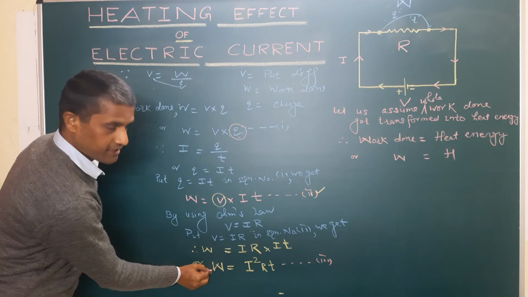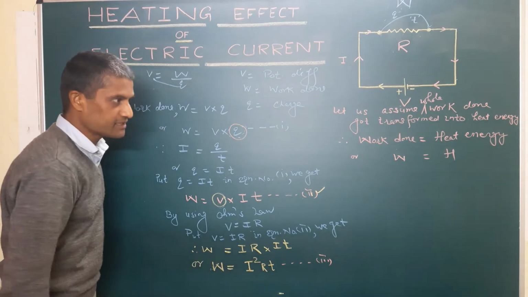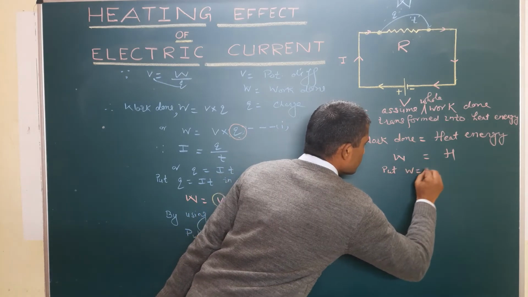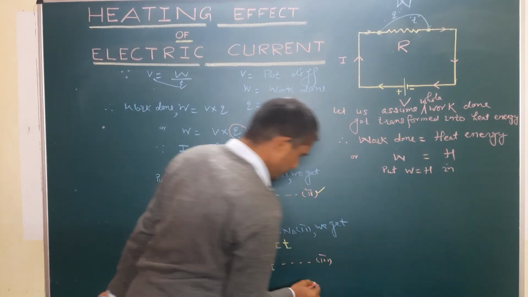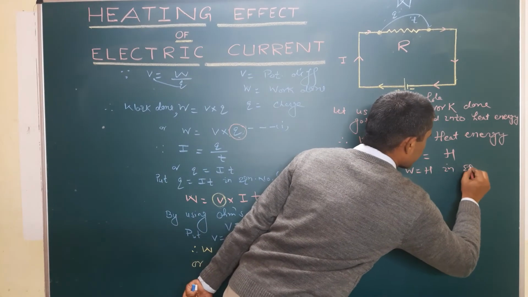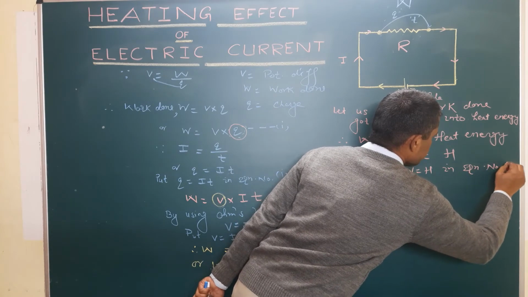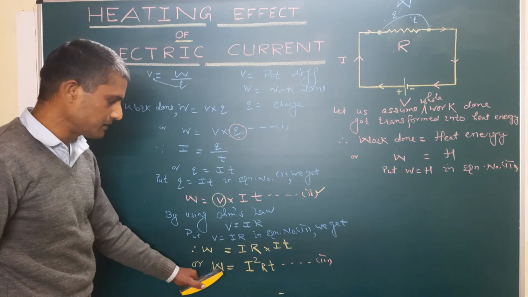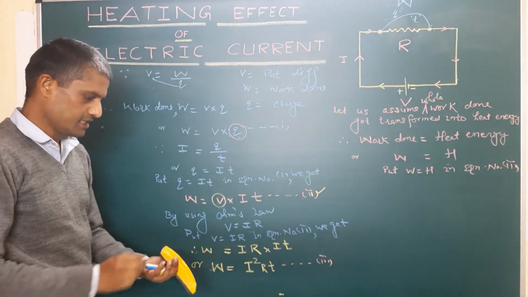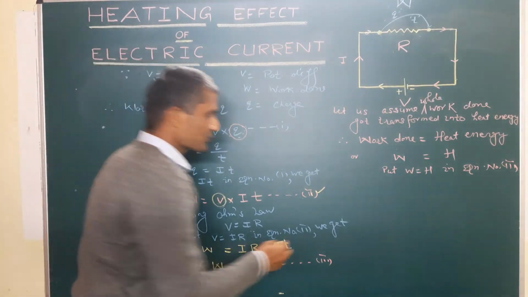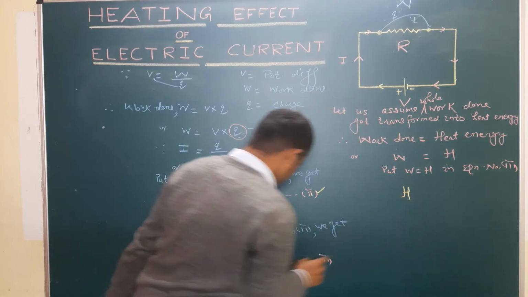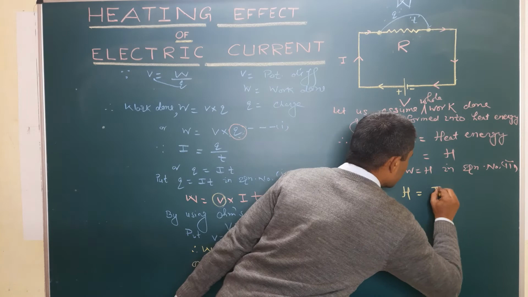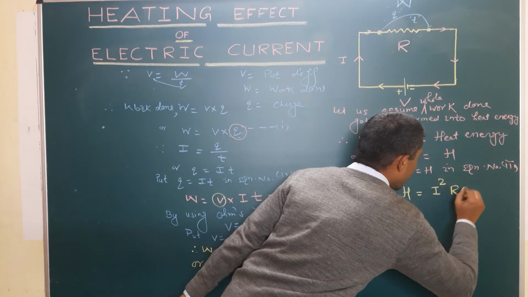Here W is equal to I square RT. So put W is equal to H in equation number 3. In place of W we will write H, and it's equal to I square RT.